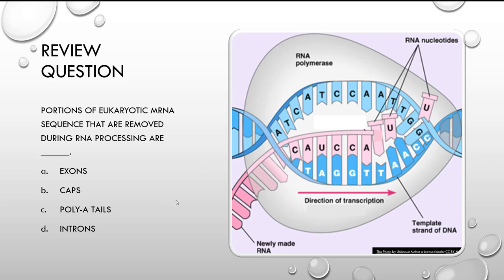So which of these four are removed during RNA processing? So remember, it's the intervening introns that get removed. The exons get expressed. The caps are there for translation. Poly-A tails prevent the thing from getting degraded. So the introns are the intervening, so they get spliced out. D.